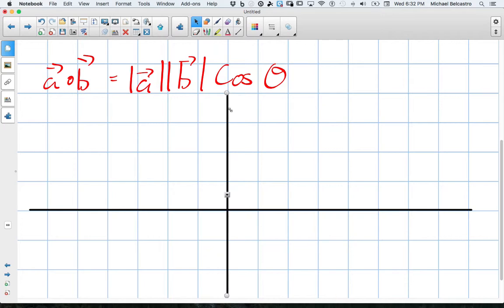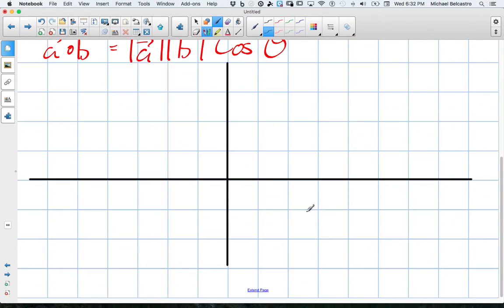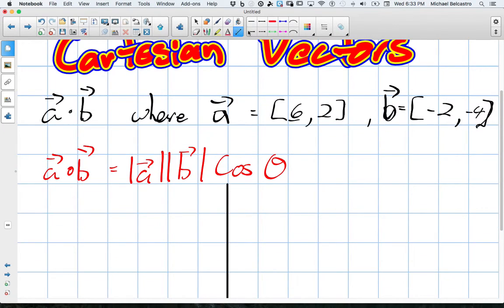But what do we got here? One of them has a horizontal component of 6. So 1, 2, 3, 4, 5, 6. So imagine this as the horizontal component of this vector. Okay, and then the vertical component of the vector is the value of 2.